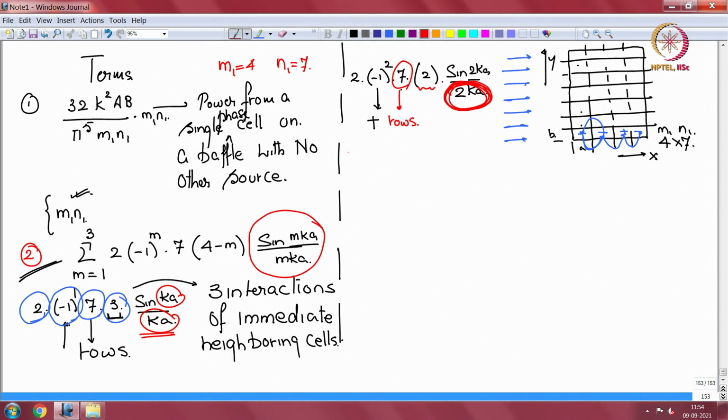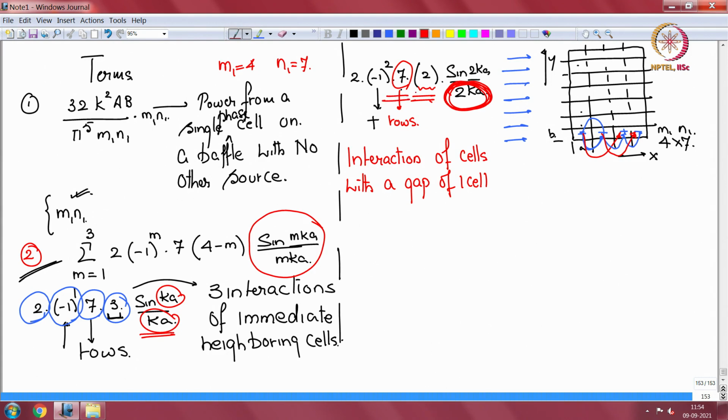The interaction of cells with a gap of one cell. So this cell interacts with that cell and this cell interacts with that cell. There are 2 such interactions in a row.